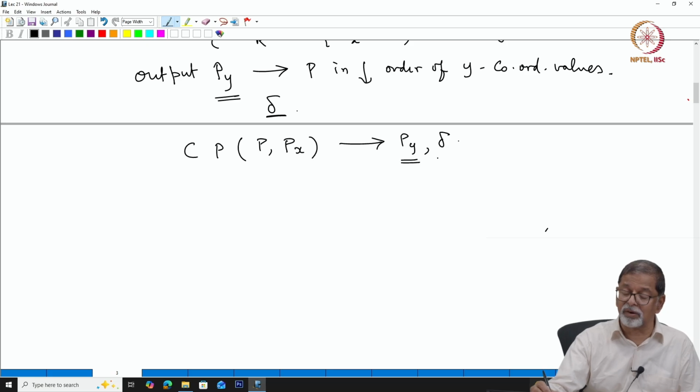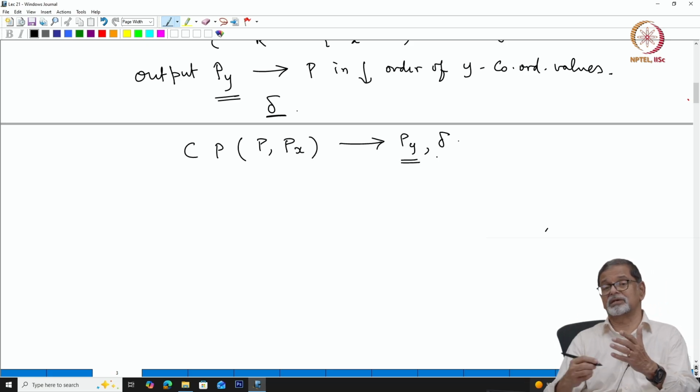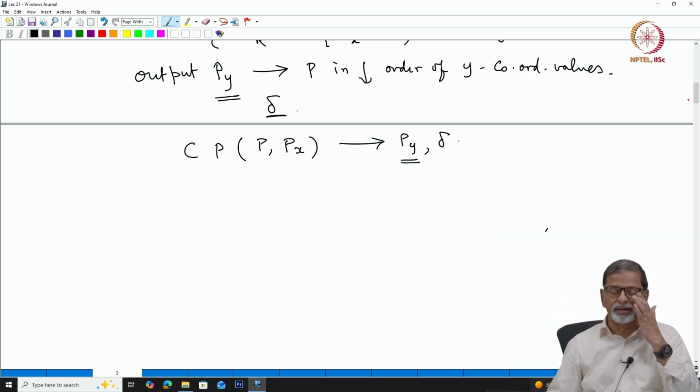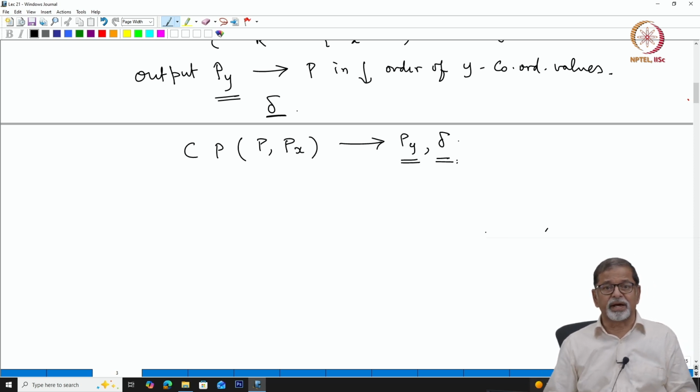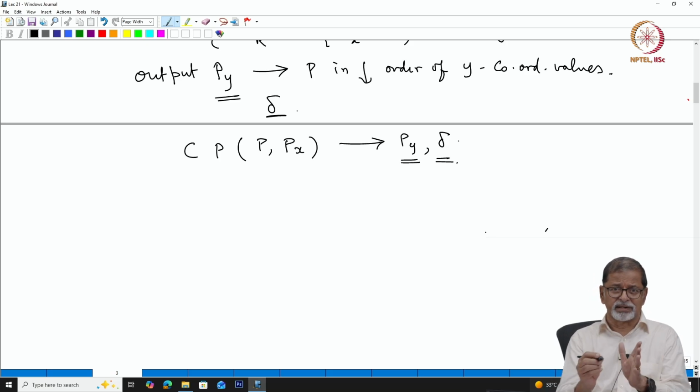That is the set of all points rearranged in the y order and the closest pair distance delta. So I want more. Now you see that we can achieve this in much less time. Okay. So let's look at the same algorithm, the steps.